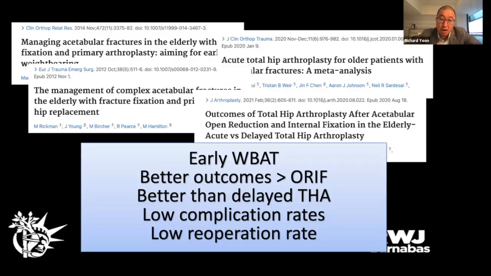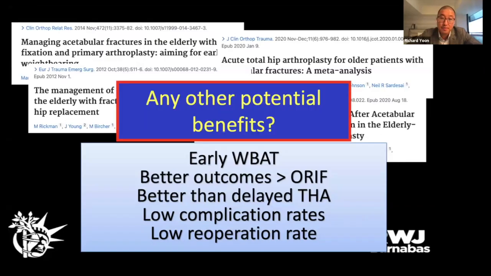The patient reported outcome scores tend to be better than ORIF. The outcome scores are definitely better than delayed total hip, whether it's waiting till they heal in 3 months and coming back when they're really sarcopenic and not doing well, or if they fail and they're post-arthritic later. There are lower complication rates, with the caveat, obviously, that you have to worry about dislocation, and a lower reoperation rate when it comes to a later conversion or infection as well.